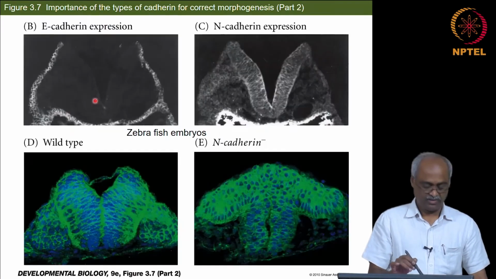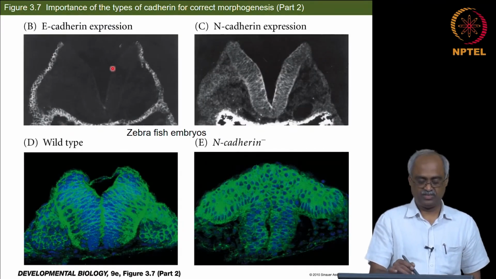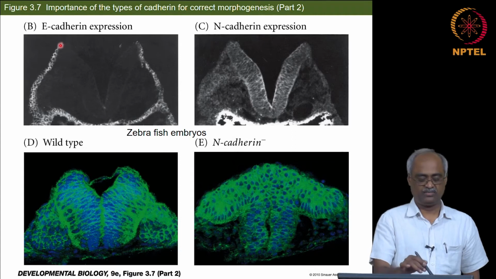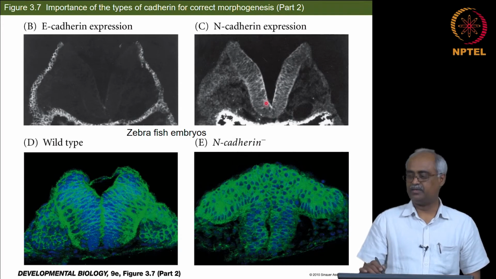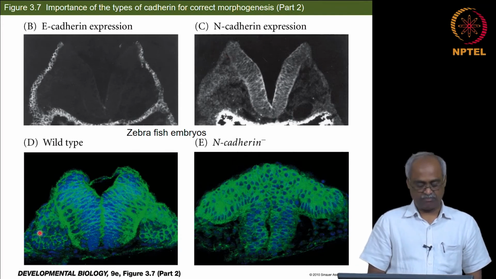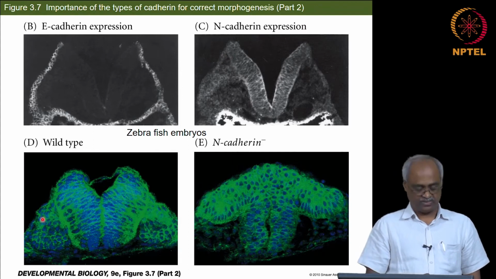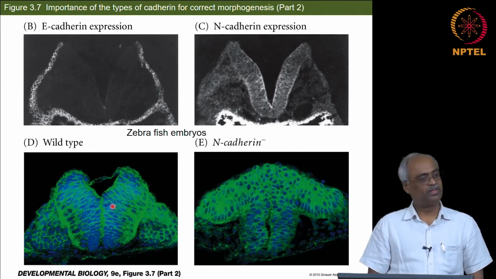You have the E-cadherin expression, and see this neural tube part, starting from the crest to this, they do not express this. Instead they have the N-cadherin there, and that is what allows them to separate from the other ectodermal cells, meaning the epidermal cells, and form this fold.